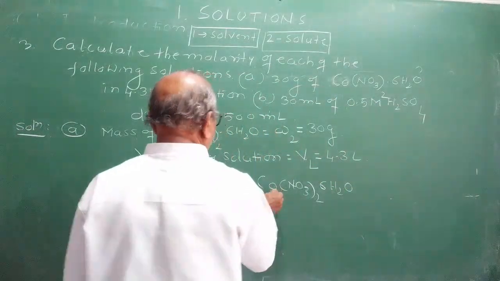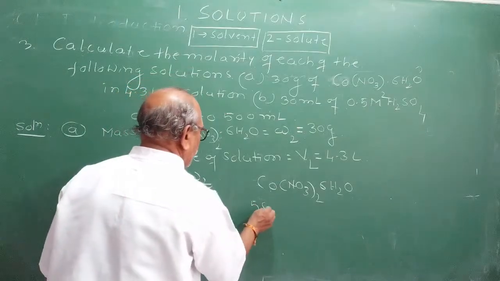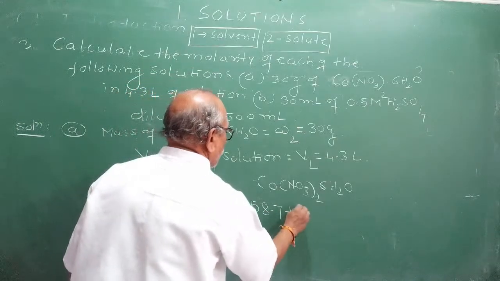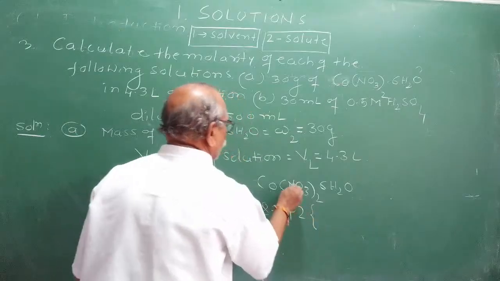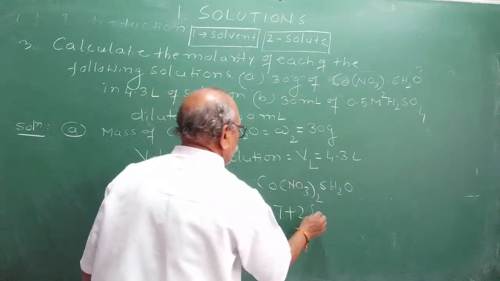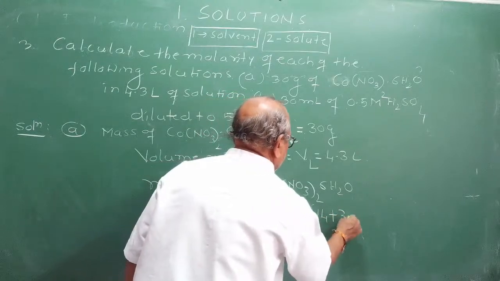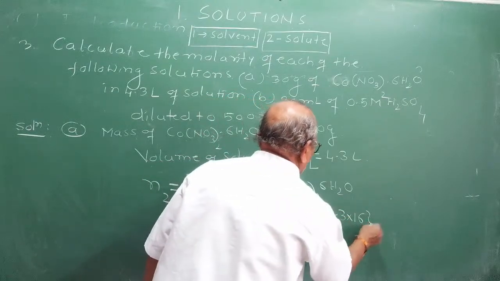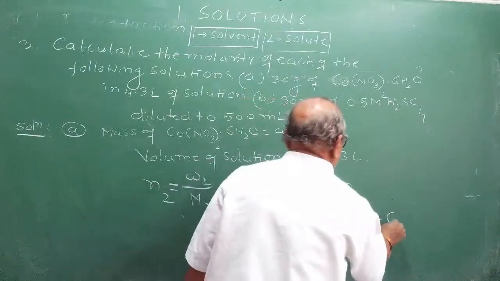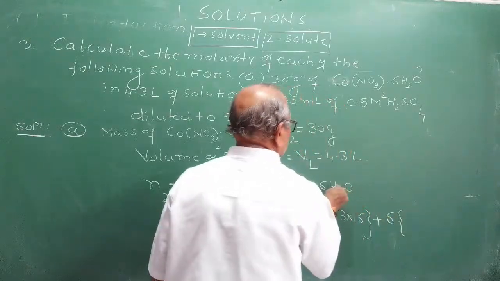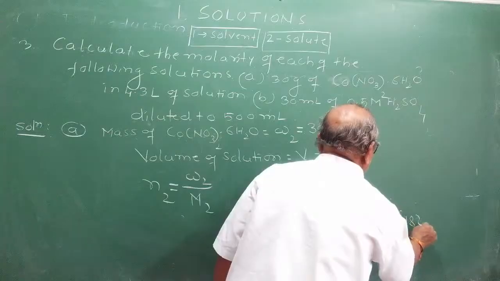Atomic weight of cobalt is 58.7 plus 2 into bracket, nitrogen atomic weight is 14 plus 3 times atomic weight of oxygen, plus 6 times the weight of water, 16 plus 2 is 18.